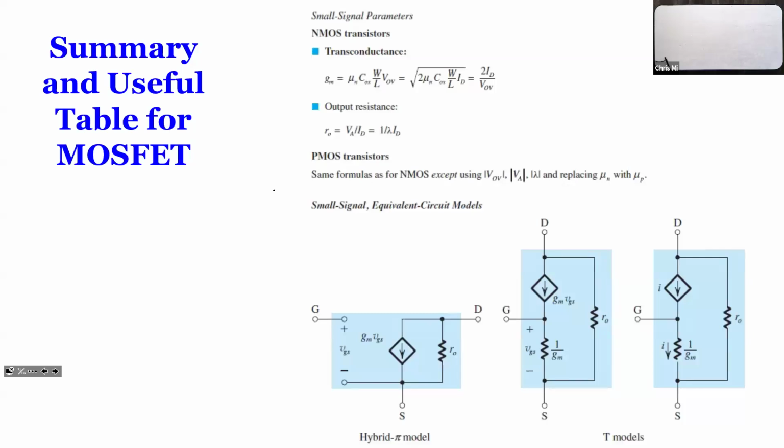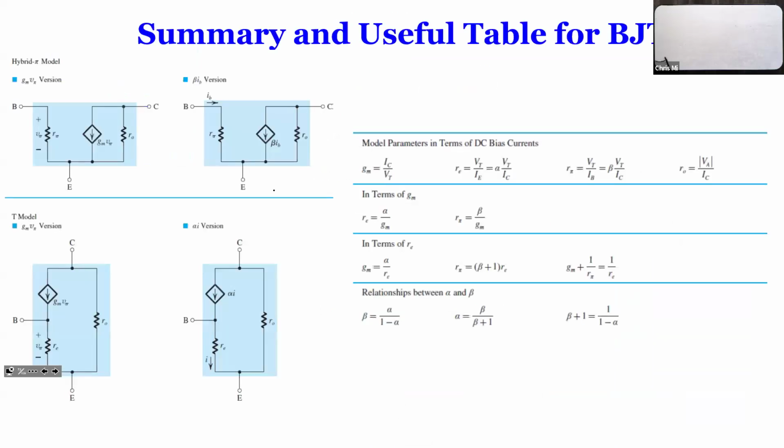And this equivalent circuit, the pi model and T model. And then for BJTs, there's a bunch of equations. I think if you keep these 2 slides in the exam, you should have all you need in terms of equations, right? But of course, the circuit configurations need a little bit more effort to identify different things.